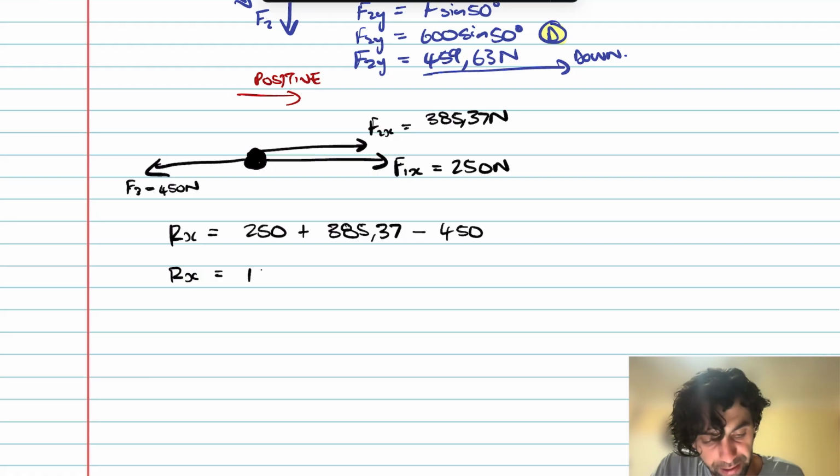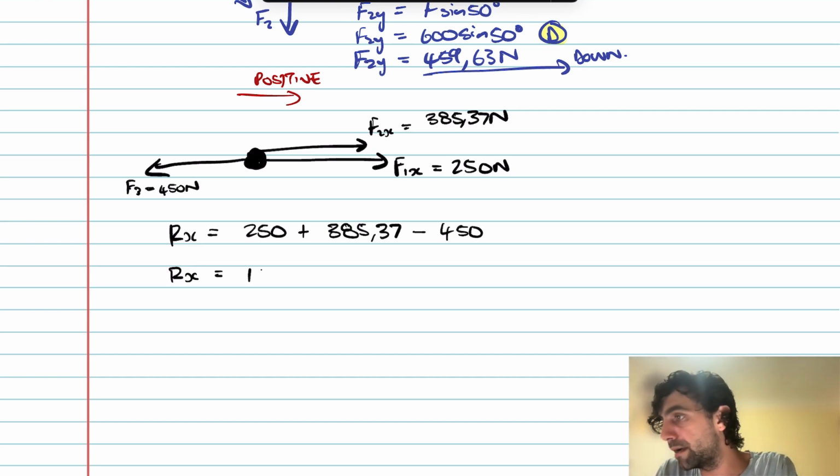So in this case, we're going to have 433.01 minus 459.63. So my Ry value comes out to be a negative value here, and that value is negative 26.61 newtons.